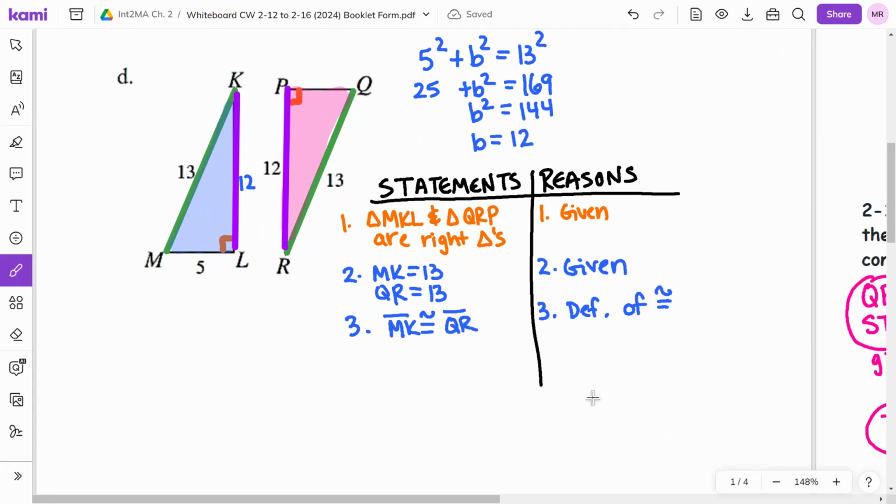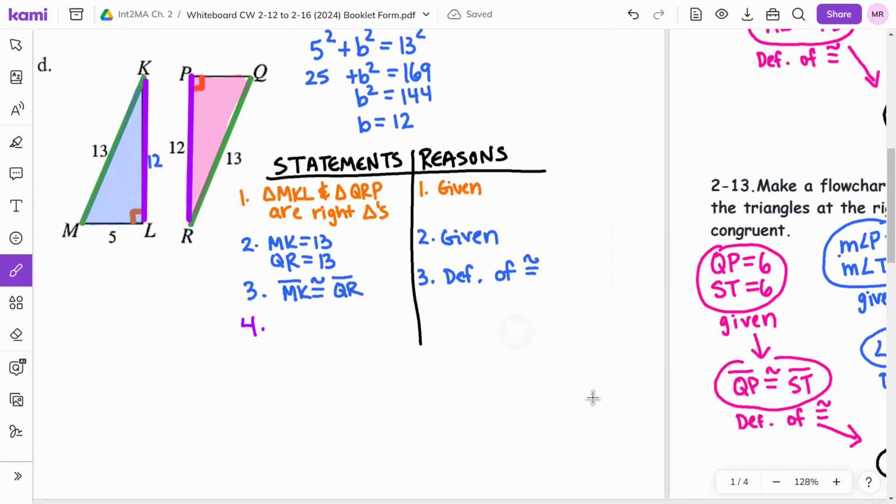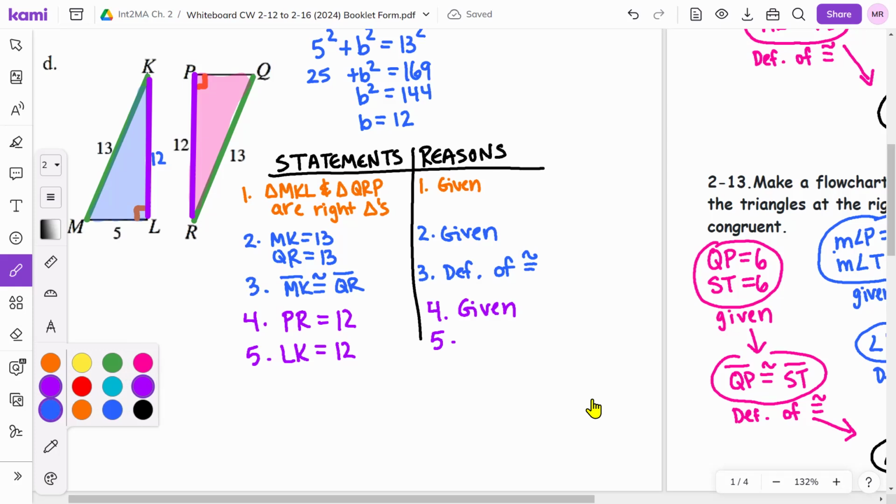Now, we know that PR is equal to 12, given. We know that, so I did PR, so I'll do LK is equal to 12. Reason, Pythagorean theorem.